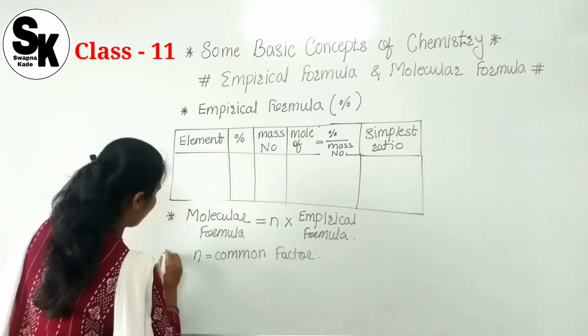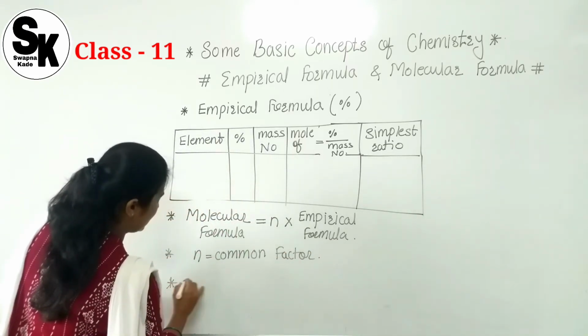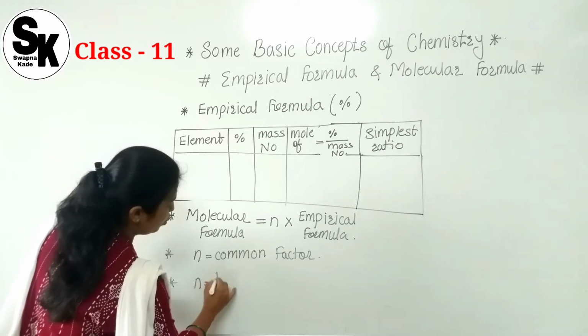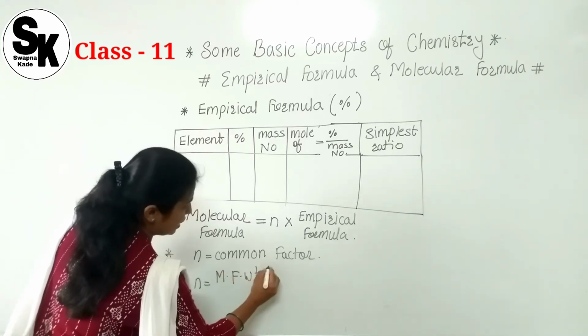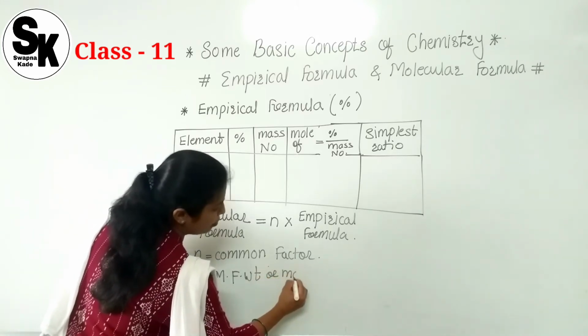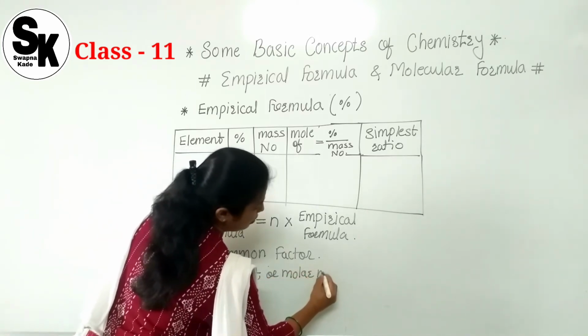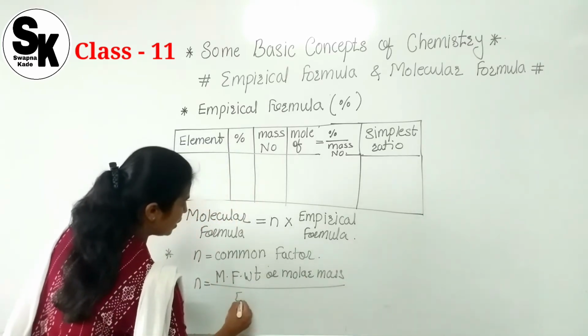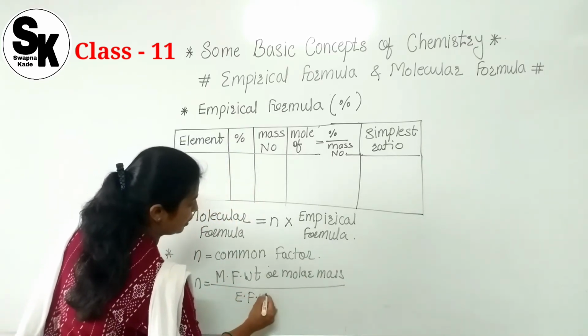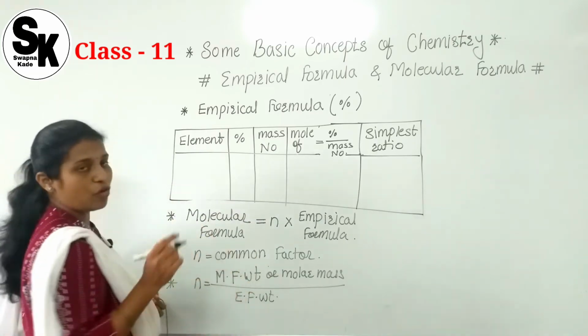For that also there is one formula, and that formula is n is equal to molecular formula weight, that is nothing but the molar mass, divided by empirical formula weight. So these are some formulae.